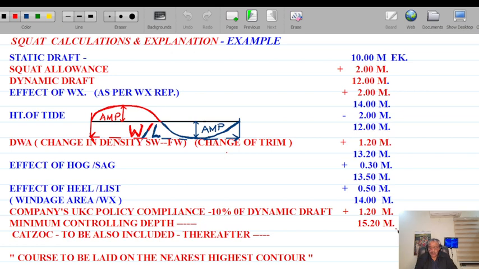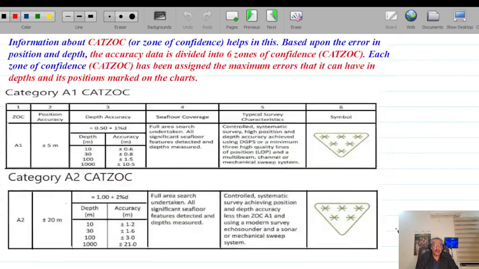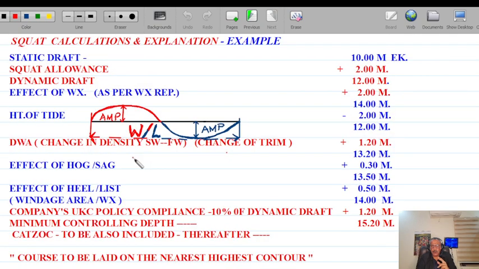As per the depth accuracy, if I take the first case, in 30 meters you have 0.8, because in the example what I've taken, if you're in a depth of 20 meters, I will take the higher side. It means I'm drawing 10 meters, I'm coming into the depth of 20 meters, I explained earlier, and the effect of squat will be pronounced. But to be on the safer side, I would take for a depth of 30 meters, the factor is plus minus 0.8, and that's what I will add up over here.